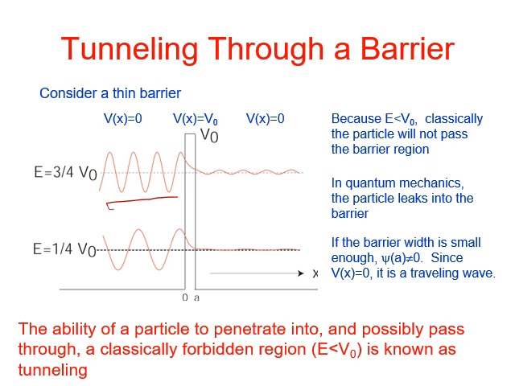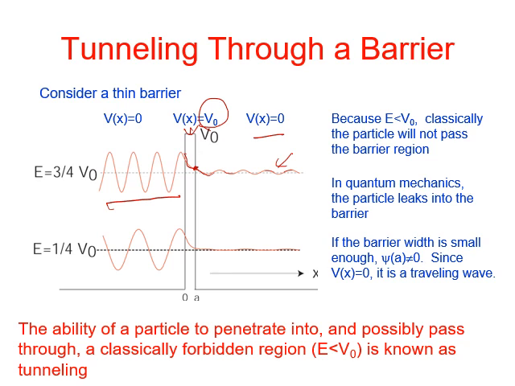You see this is inside the box, and this is a very thin wall with a potential energy greater than the total energy. The wave function decreases slowly and is non-zero here, and then the potential energy becomes 0 again, so it oscillates outside.